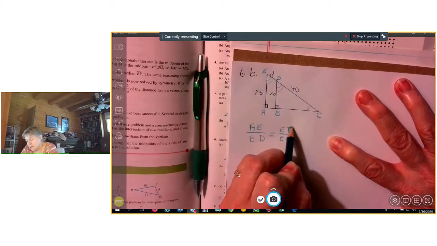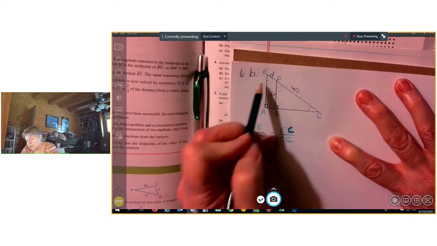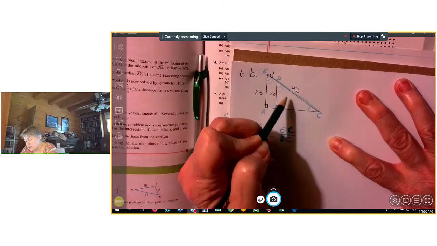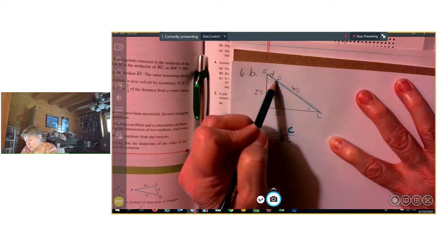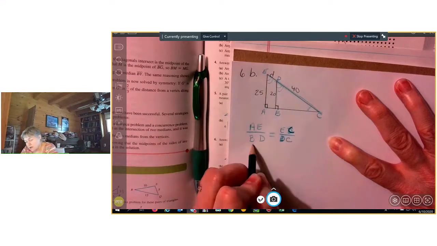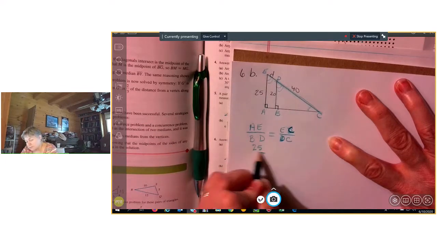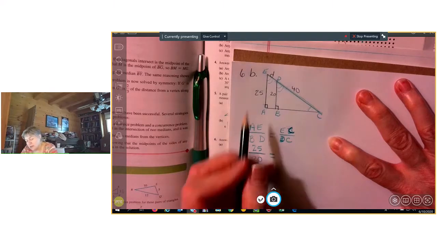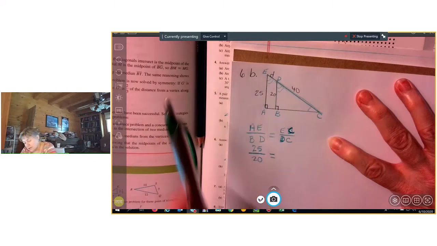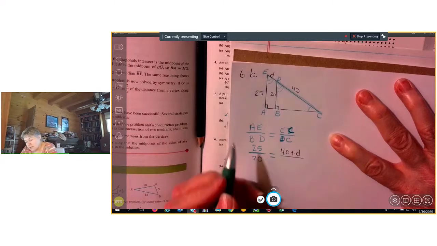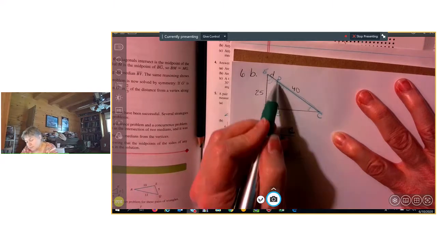EC, people, you got to correct me here, is in proportion to DC, because this whole thing is in proportion to this one. So EC is the whole one is in proportion to DC. AE is in proportion to BD. So we know that AE is 25, BD is 20. We know that EC is going to be 40 plus D, and then that's all going to be over DC, which is going to be 40.